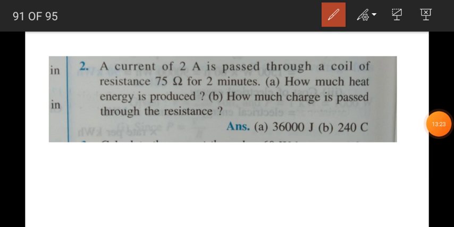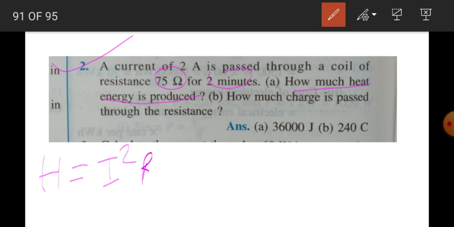Acha, based on that there is a numerical here. A current of 2 ampere passes through a coil of resistance 75 ohm for 2 minutes. How much heat energy is produced? Okay, so what is the formula? H or Q is I square R into T, right? So I square, I is given as 2, 2 into 2 will be 4.